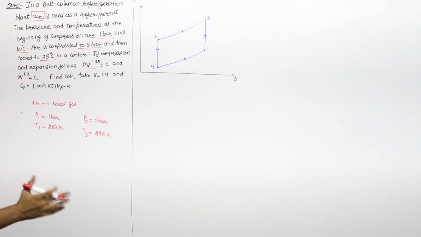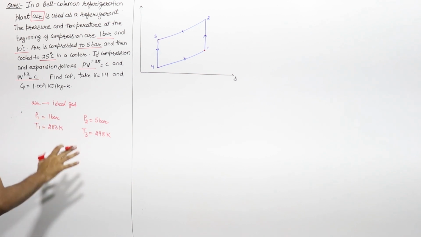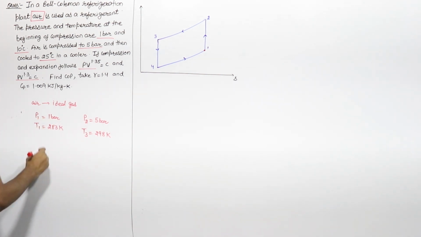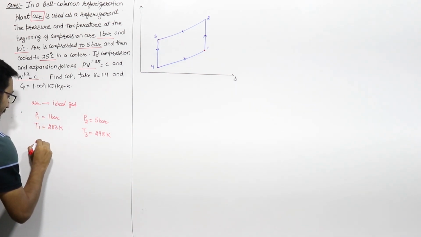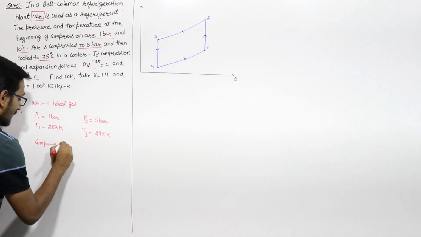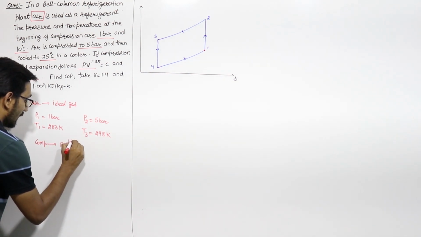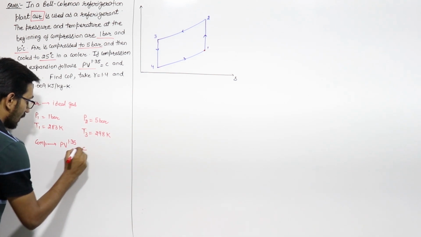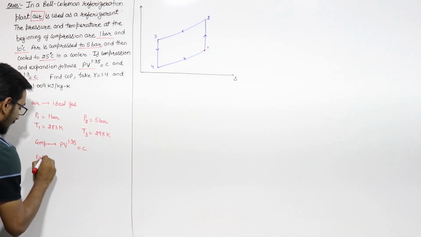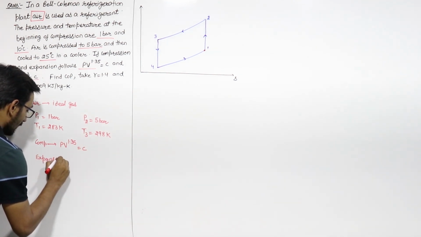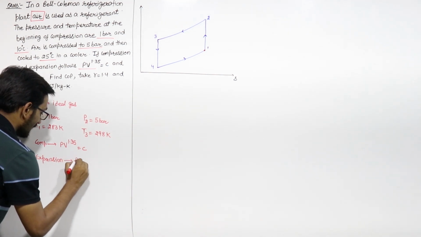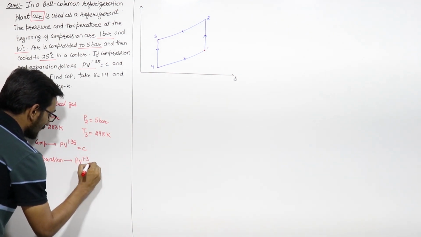In this, gamma are different. That's why this is a very good question. So for compression, we have the relation PV raised to power 1.35 is equal to constant, and for expansion we have PV raised to power 1.3 is equal to constant.